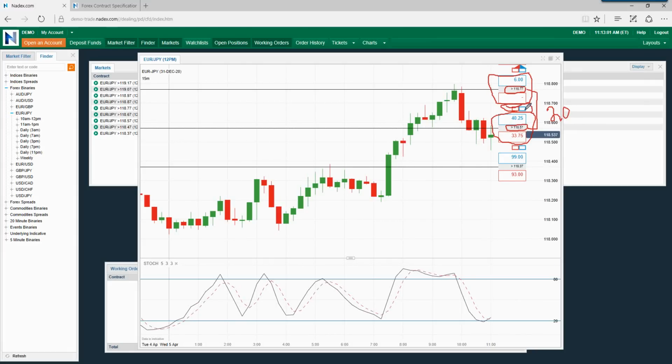There's another strike there, and I can already tell you it is at 118.67. Do y'all understand that? What do you mean by strike? Strike is the price of the binary option, for the binary option, I should say. And let me erase this real quick.